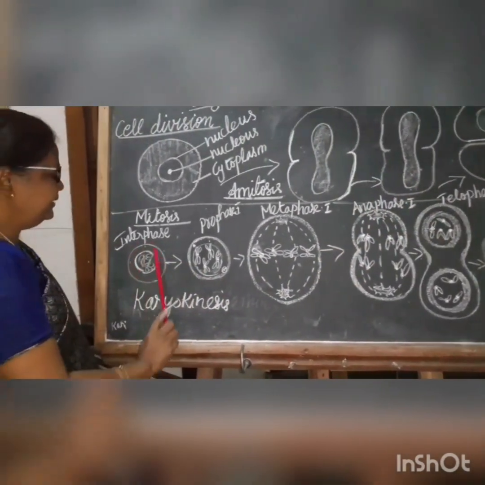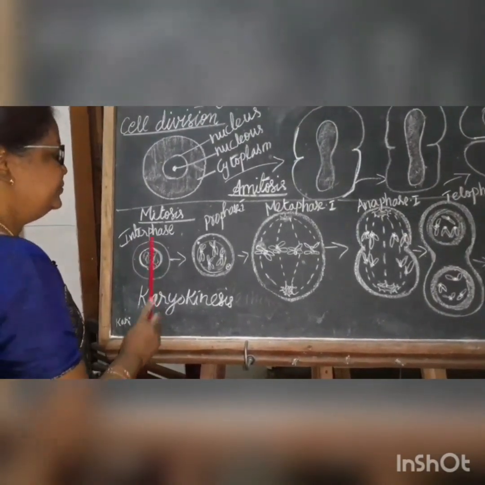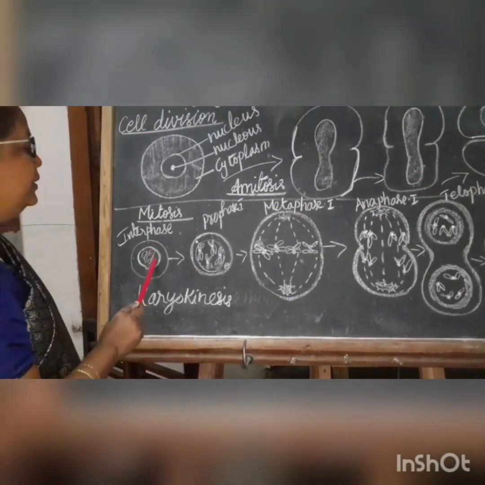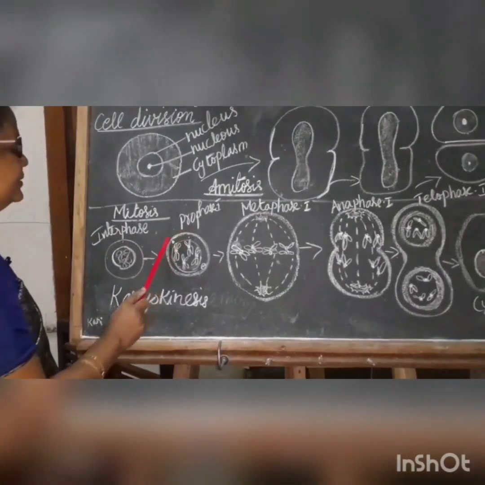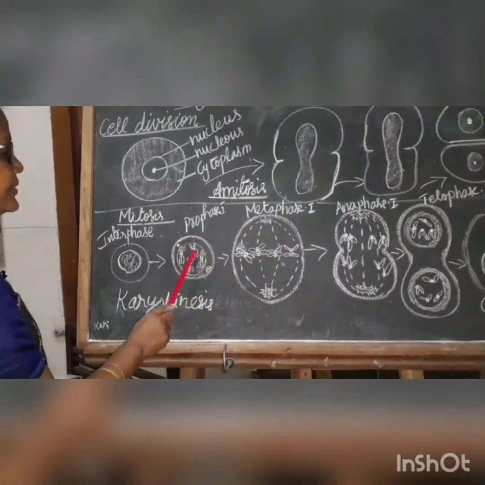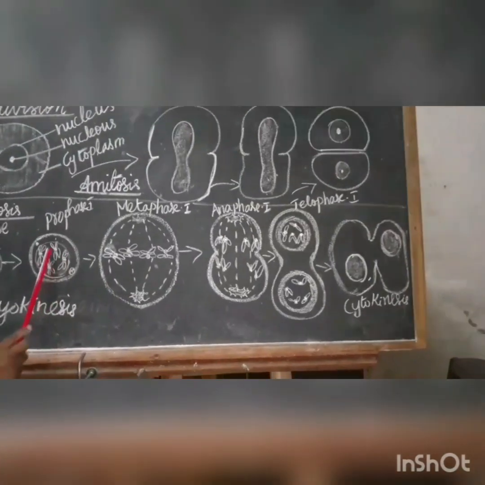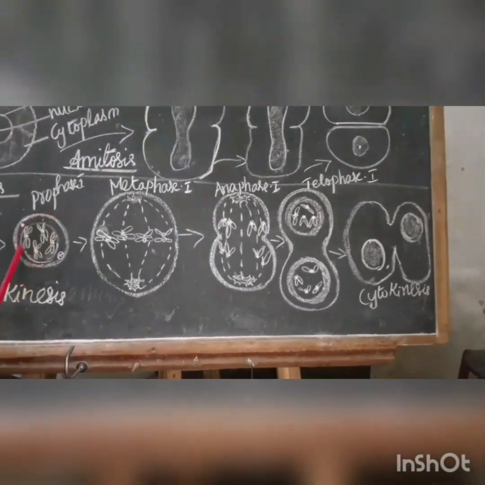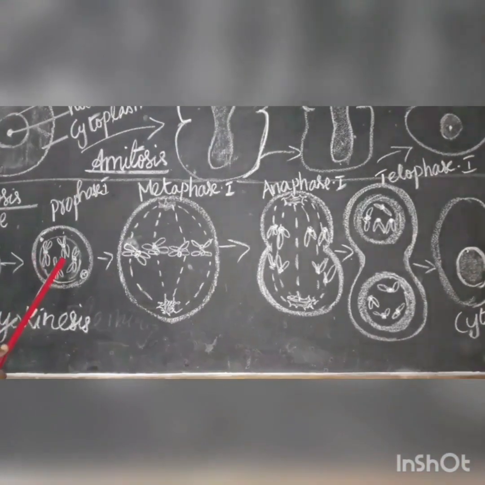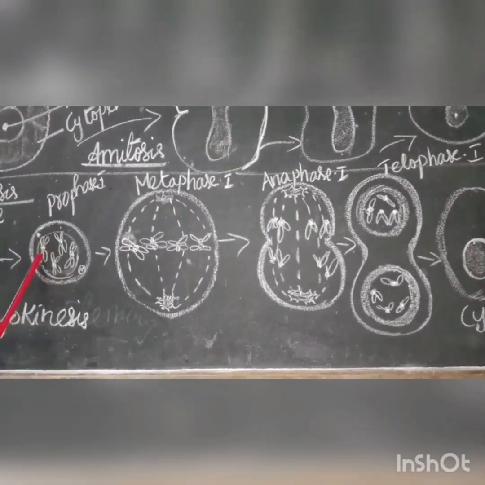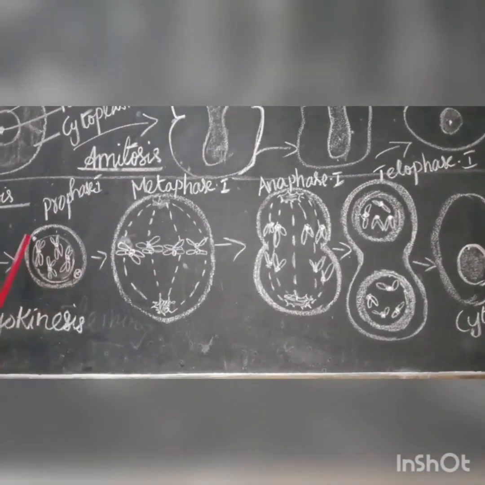Now here the interphase, the nucleus will take rest. So it is the resting stage of the nucleus, that's why it is called interphase. In the next, prophase, the chromosomes will become very short and thick. That is seen in the nucleus. The centrosome splits into two daughter centrioles.